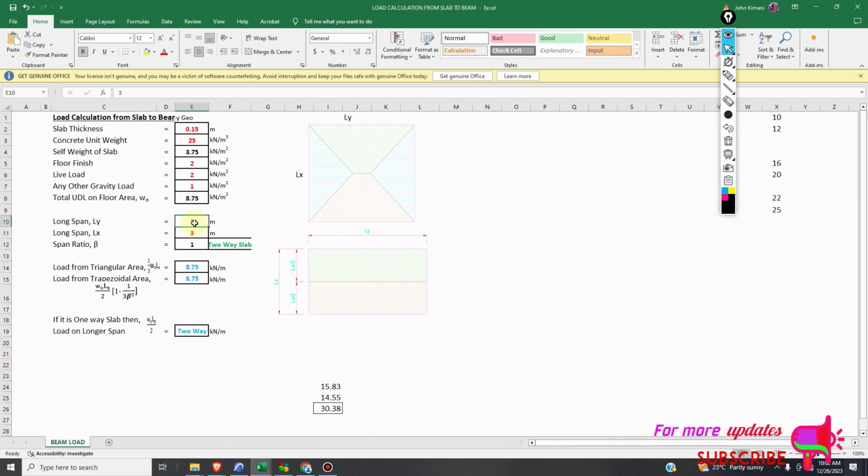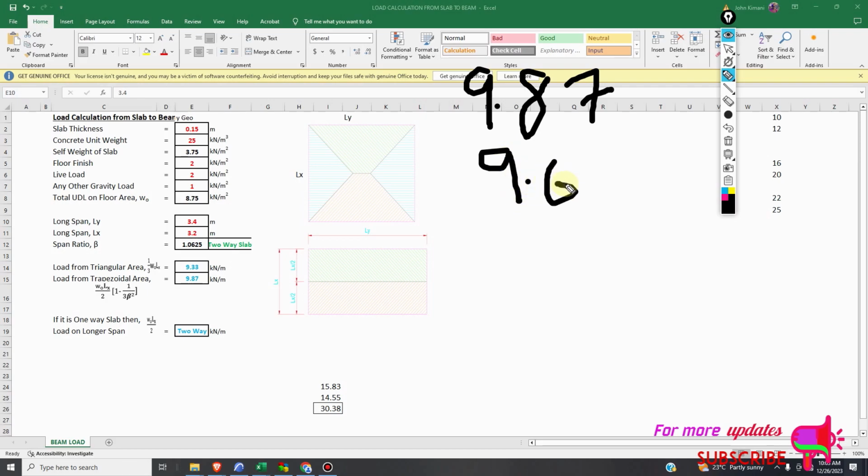So we design for the most. 3.4, then again 3.2. So it's 9.87. Again, that is the slab load. It has a load of 9.6, that is the partition wall. Then that is the self-weight 2.15. Okay.